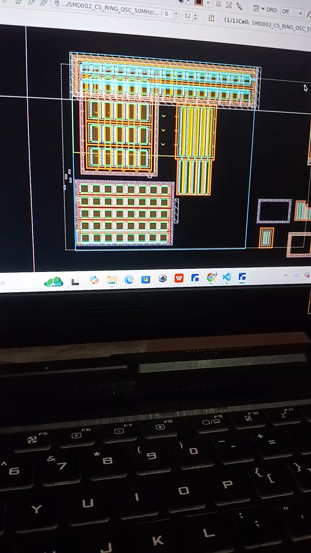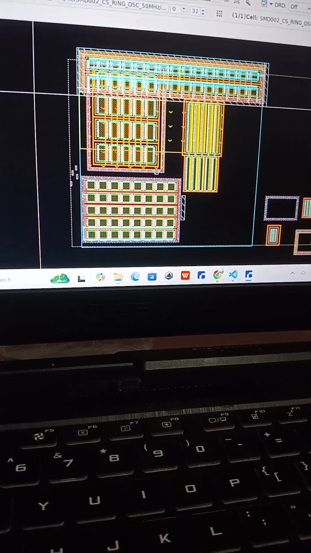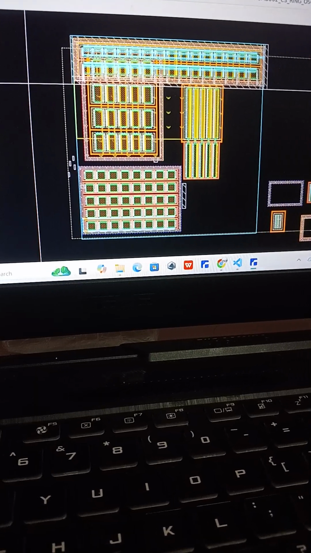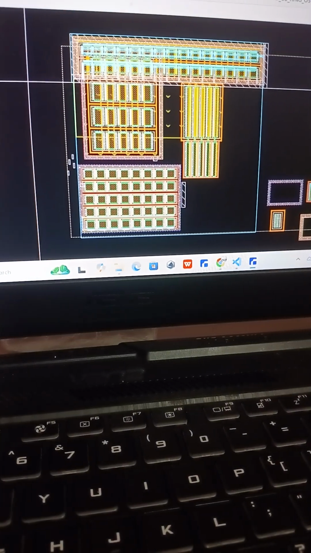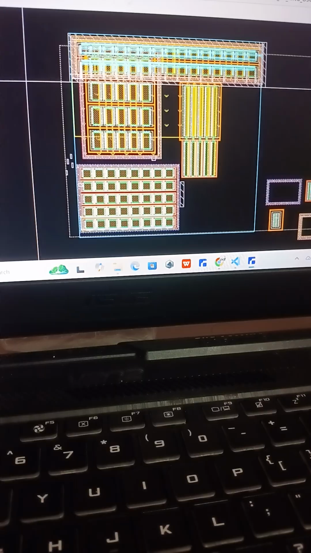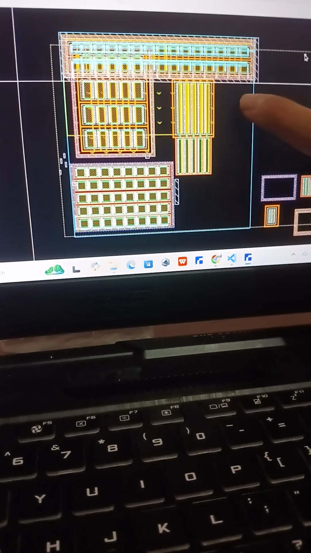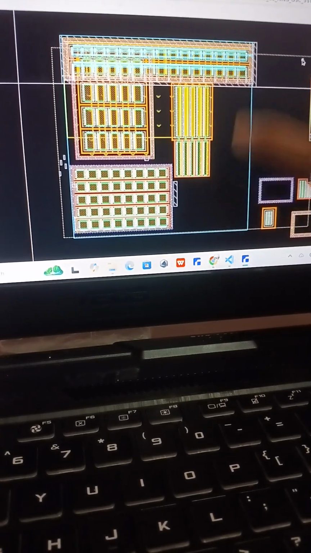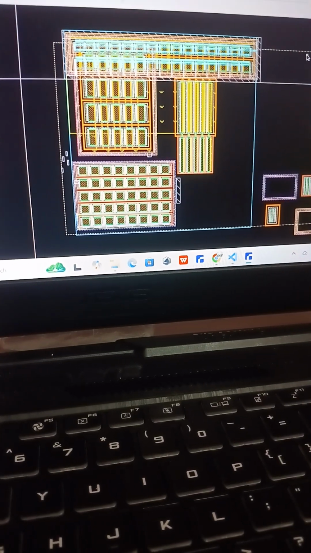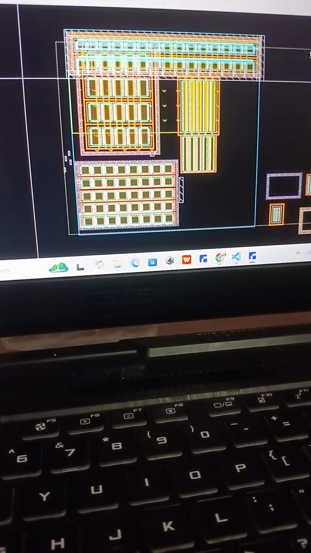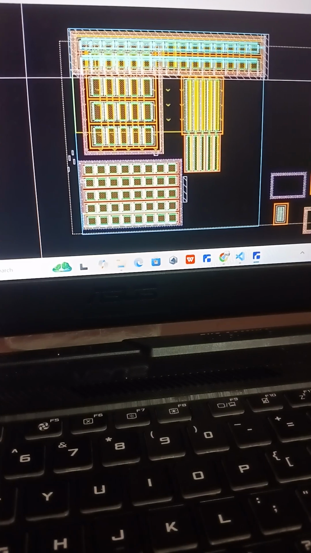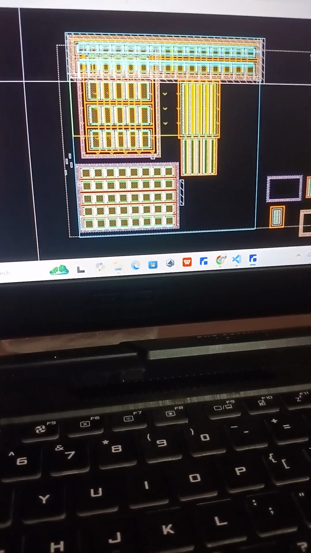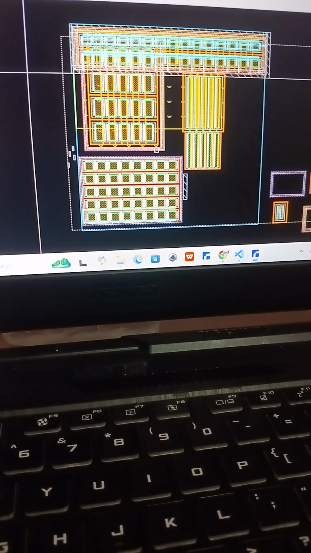Actually, we want to make it as square as possible because we want to save more space and to ensure that we can minimize the black area. So we want to fit it in such that the black area is minimized, and the black area is basically the dead space. We want to minimize the dead space.